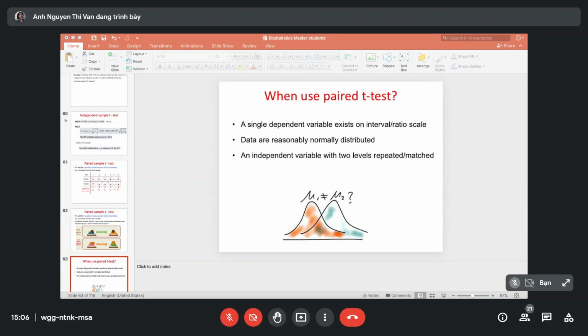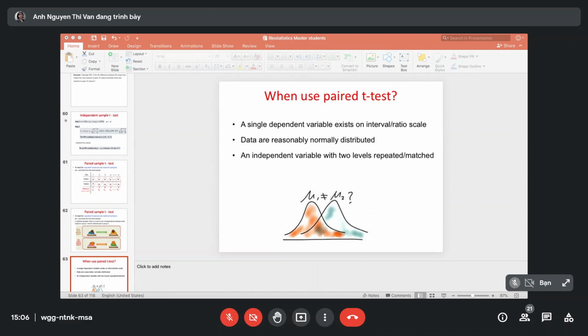Yes, we use the paired t-test when the data follow the normal distribution. Okay, what else? The dependent variable is a ratio variable. Ratio or interval, okay?